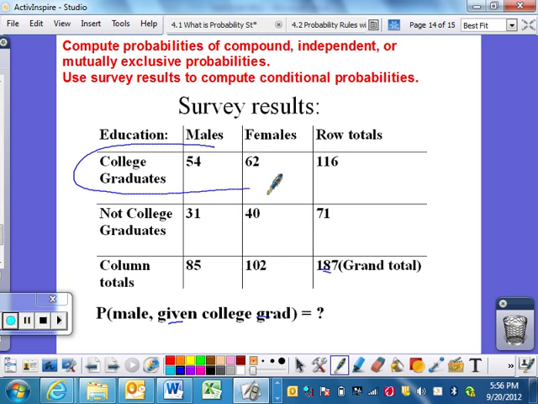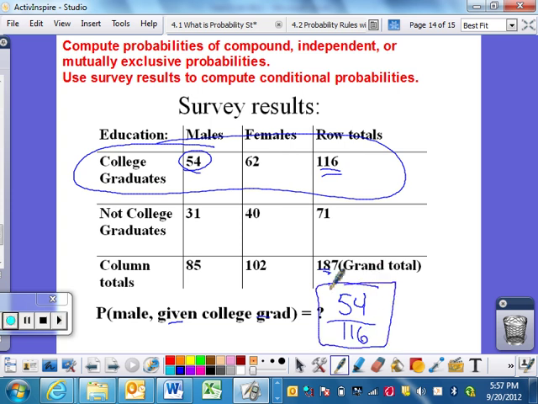All I care about is this row. Alright? And if I'm only focusing on this row, what's the probability of being male? Well, there's 54 males in the college graduate row. So it's 54, and instead of 187 total, we actually go up to the college graduate total. So there's 54 out of the 116.